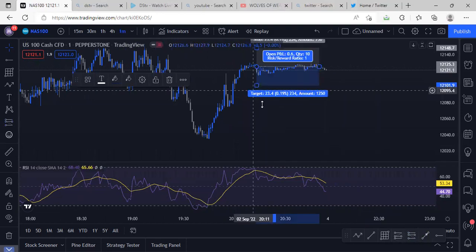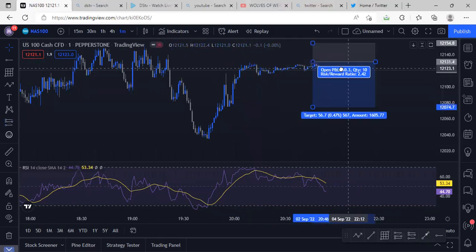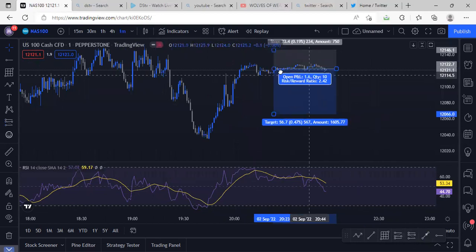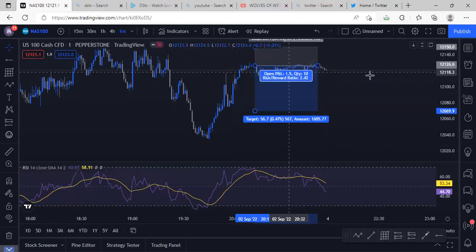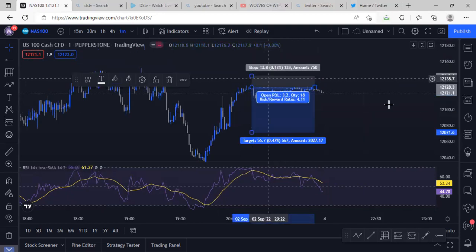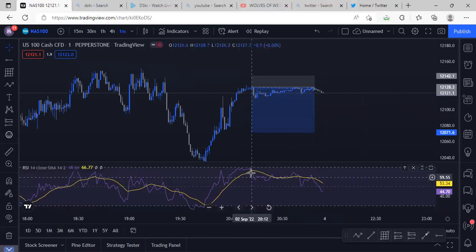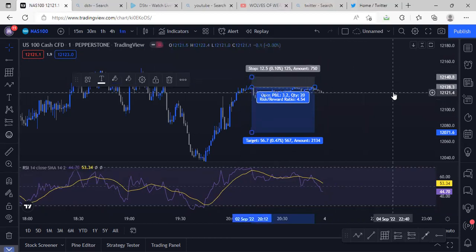But this is a 1 minute time frame. Don't forget, this is a 1 minute time frame. Say maybe you enter a trade here, with your stop loss here. So you enter the trade right here. As soon as the RSI went below the moving average, your stop loss should be a little bit above, or on your nearest resistance level.